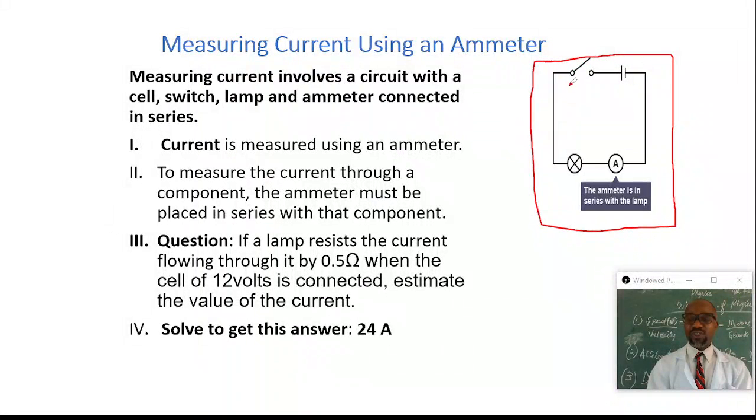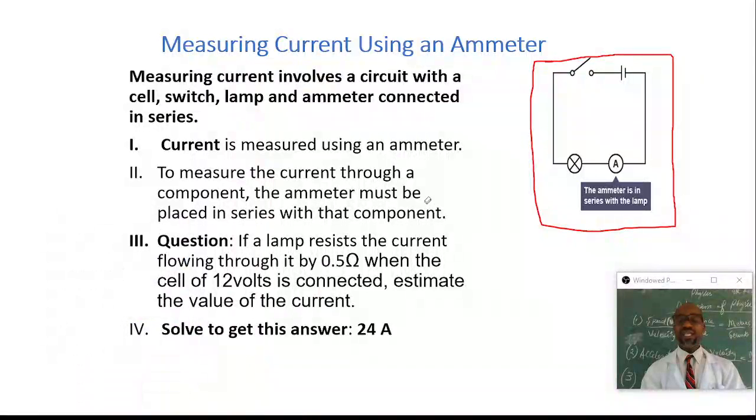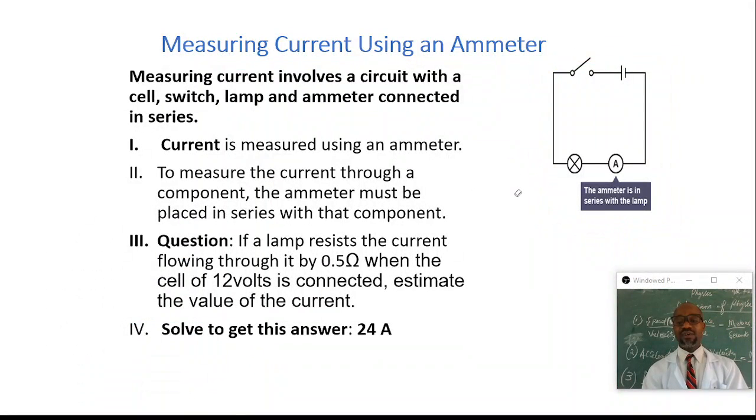Now we have understood the various components that we need to connect in order to measure the amount of current flowing in an electric circuit. The next thing we need to do is very simple. Let's quickly remove these arrangements.